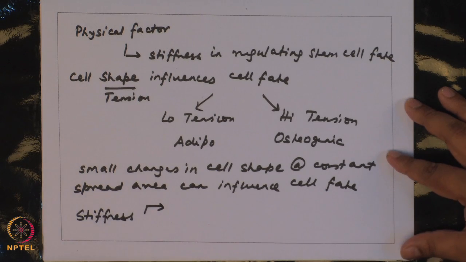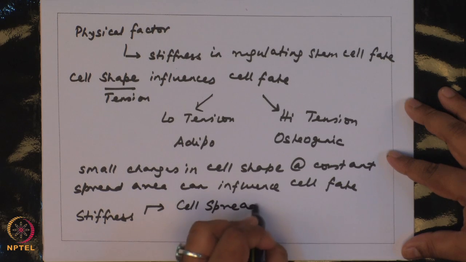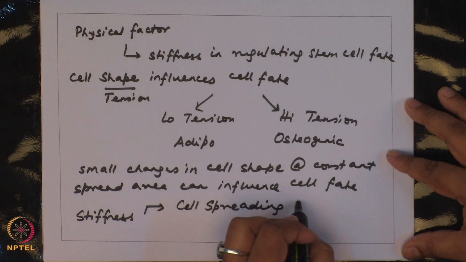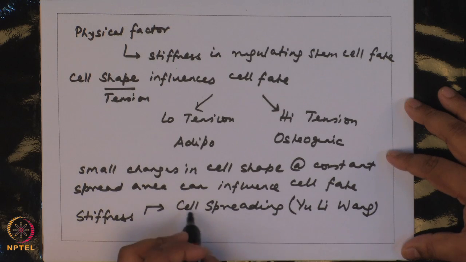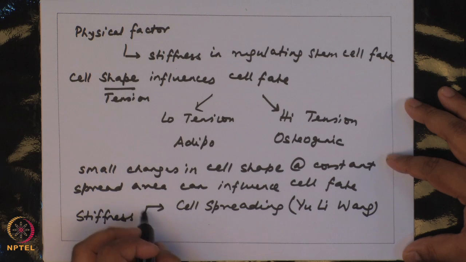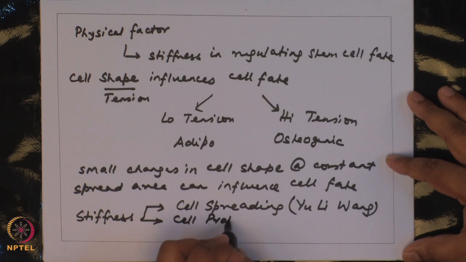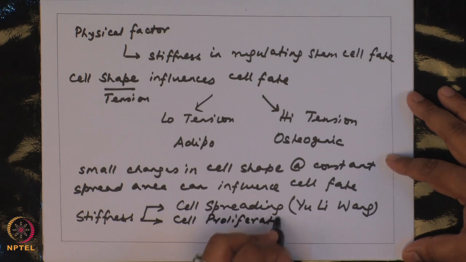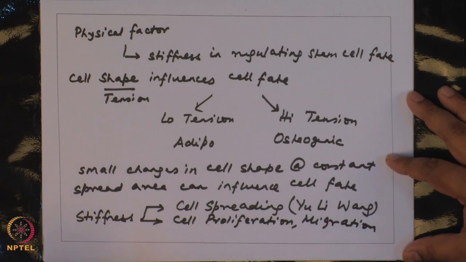ECM stiffness has been shown to direct cell spreading. This is the Yu-Li Wang paper who first demonstrated it, and this increased cell spreading is driven by greater focal adhesion signaling. A lot of other studies have demonstrated the effect on cell proliferation and migration, and it has also been described that stiffness regulates differentiation.